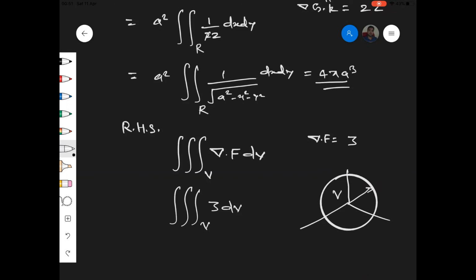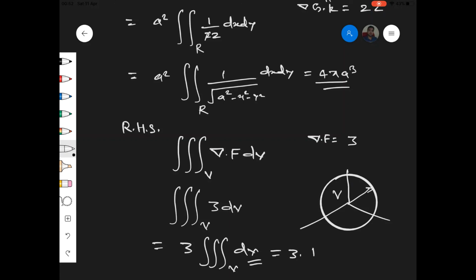So this entire inside region in this sphere is going to be our region V. So this can be simply evaluated as 3 times triple integral dV. If you carefully see, this is nothing but the volume of the sphere.